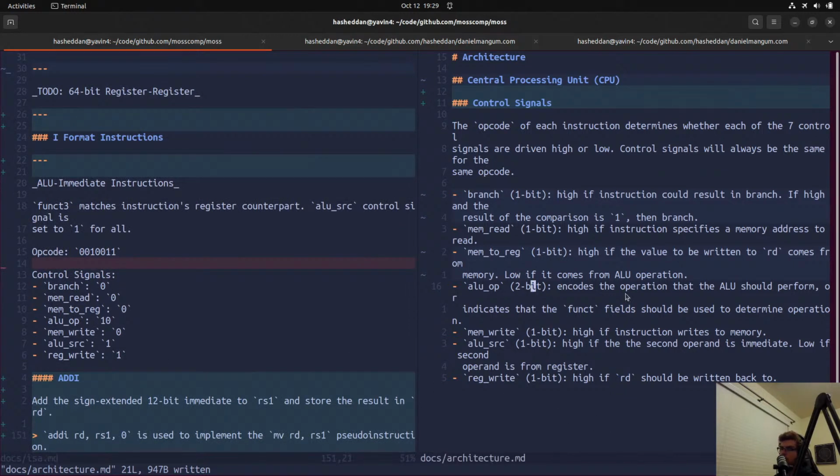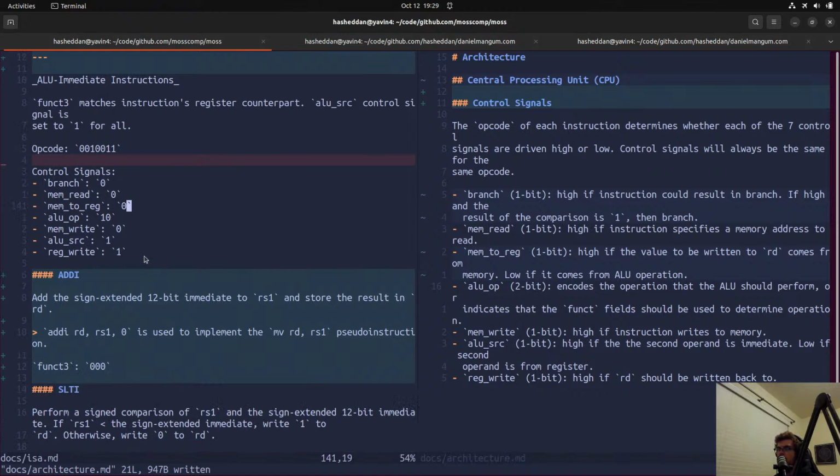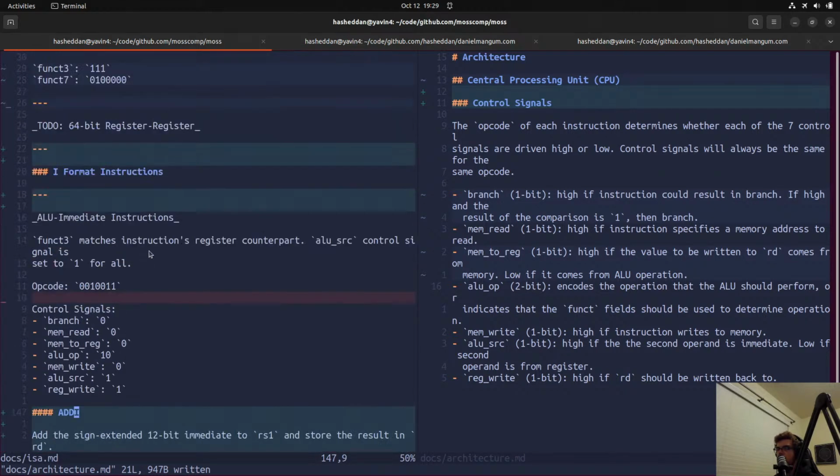So it's 2 bits, encodes the operation that the ALU should perform, or indicates that the funct field should be used to determine an operation. Okay, so we have to feed the funct fields into the ALU control.